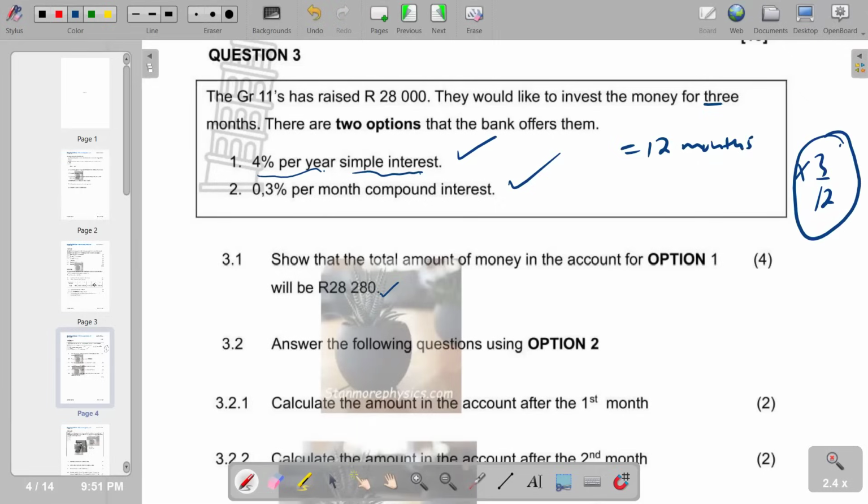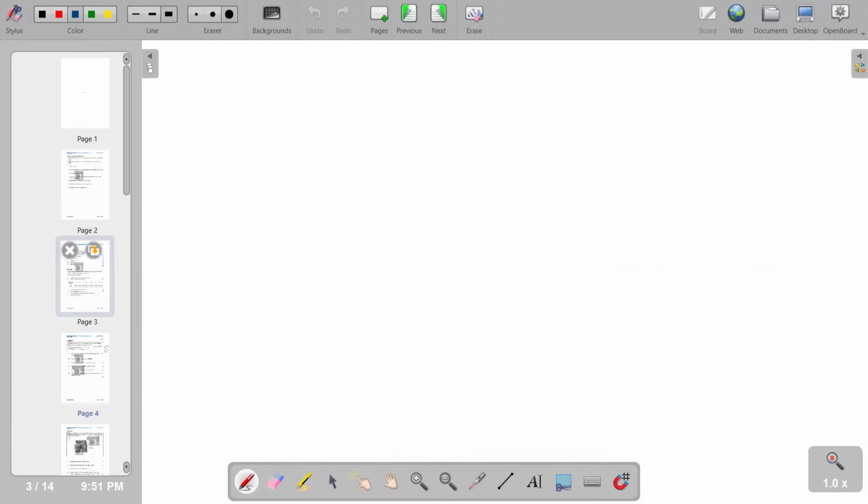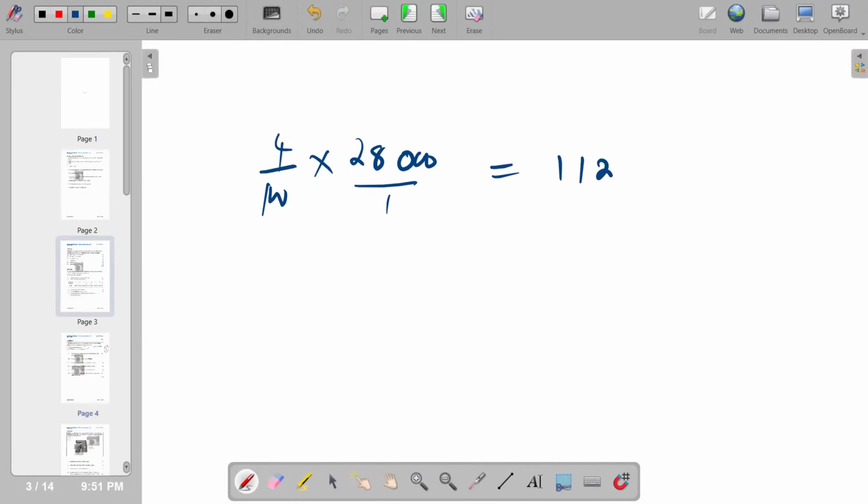So we are going to say 4%, which is 4 over 100, and then we multiply by 28,000. Let's calculate and see what we get. You're going to get 1,120.